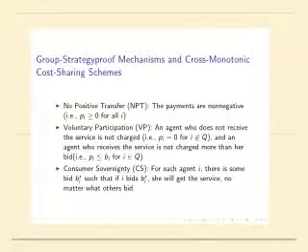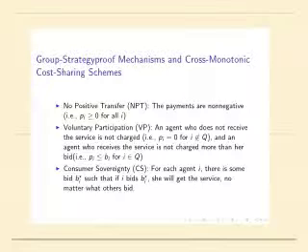Definition 15.12. Let (A, C) denote a cost-sharing game. A cost-sharing scheme is a function that, for each set S which is a subset of A, assigns a cost allocation for S. More formally, a cost-sharing scheme is a function C which maps from A times 2 to the A to a rational number, such that for every S which is a subset of A and every i which is not in S, C of (i, S) is 0.